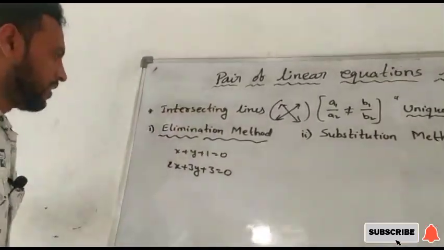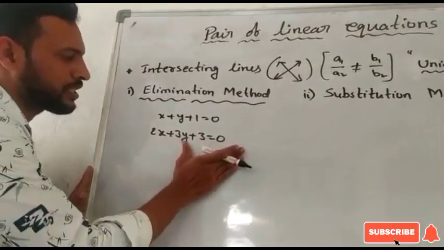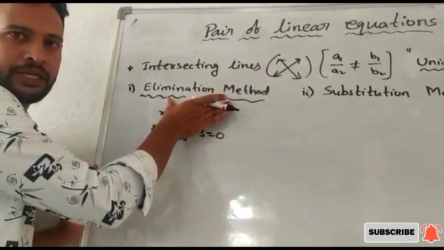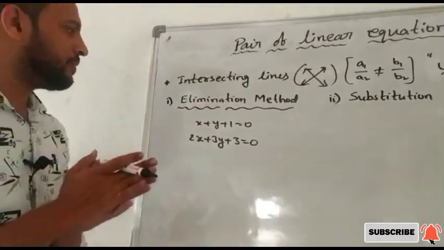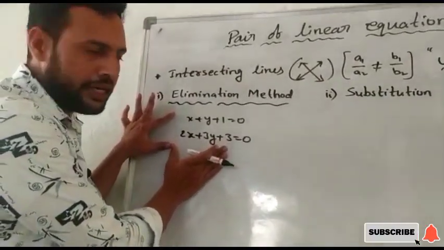Now come to the point. I am considering two lines, x plus y plus 1 equals 0 and 2x plus 3y plus 3 equals 0. Which method am I using? The elimination method. While dealing with the elimination method, you have to see both equations first.